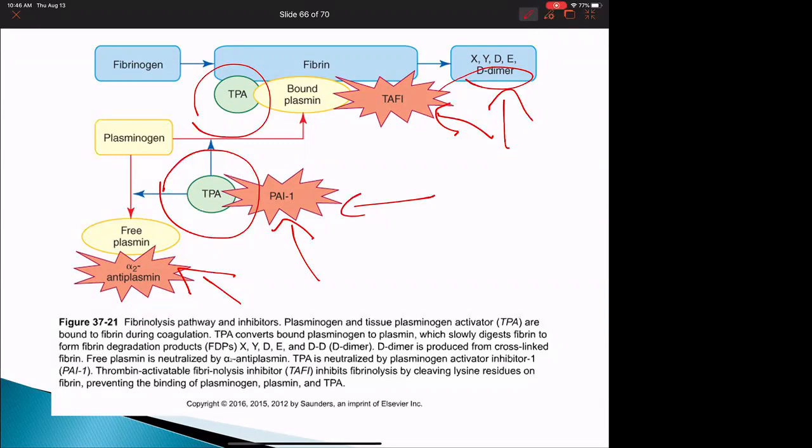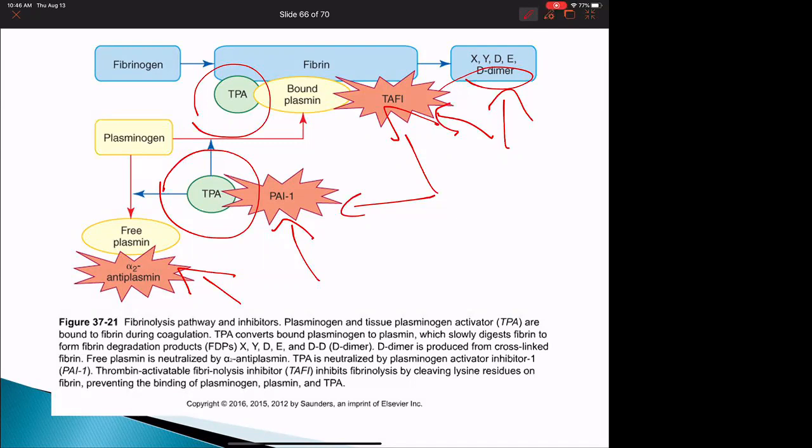This is the neutralizing protein. Thrombin activatable fibrinolysis inhibitor, or TAFI, right over here, is an inhibitor of fibrinolysis and inhibits fibrinolysis by cleaving lysine residues on the fibrin, preventing the binding of plasminogen, plasmin, and TPA. All right. So again, we might have to go back to this to understand it a little bit better, but as much as we have activators of fibrinolysis, we also have regulators of fibrinolysis, right?